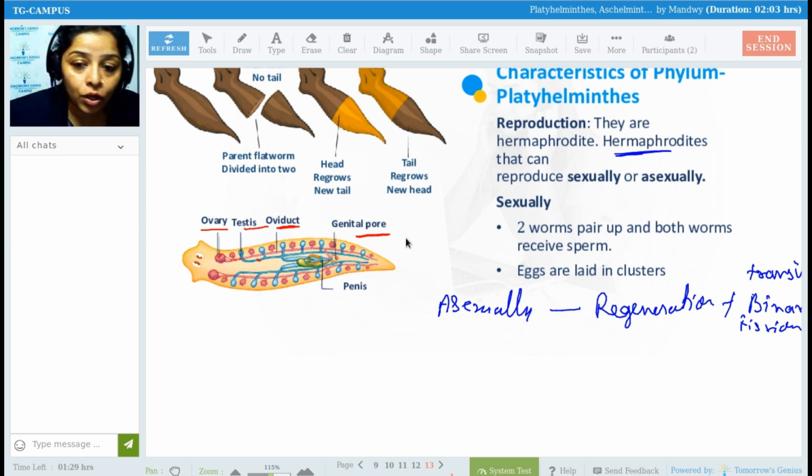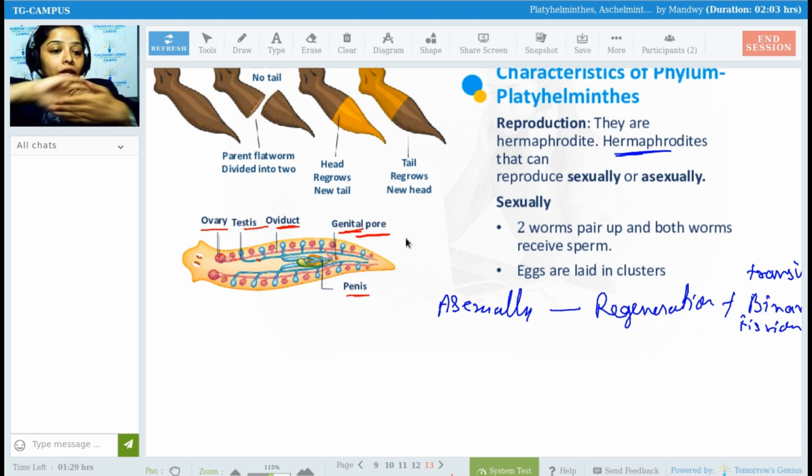Clear? What happens when two worms come together in opposite directions, with the genital pore, that is the female part, and the penis. When both worms overlap in an inverted position, one of the bodies will receive the sperm, and internal fertilization will take place.